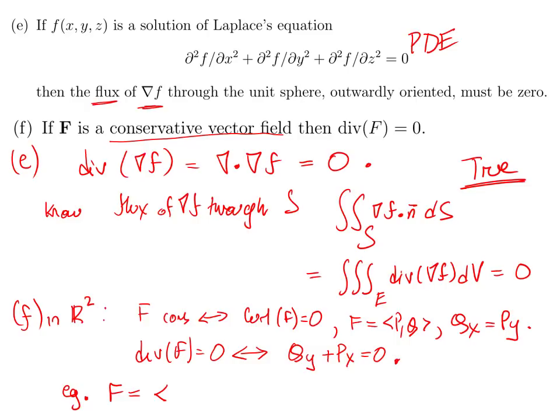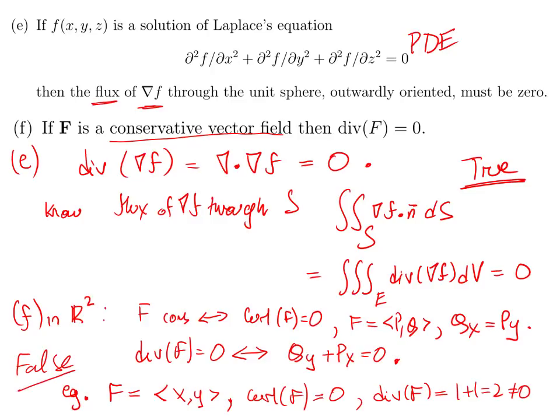So let's just look at the vector field with components x and y. Then you have that the curl of F is 0. So Qx minus Py is 0 because Qx is 0 and Py is 0. But the divergence of F is 1 plus 1, which is 2, which is not equal to 0. So this is false. You can have a conservative vector field with non-zero divergence.